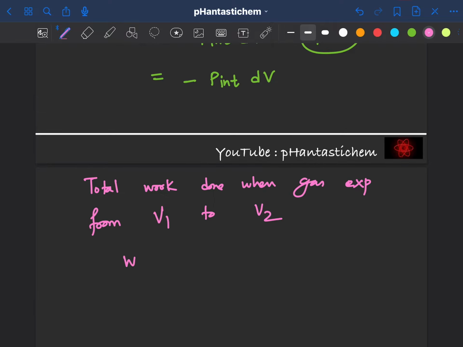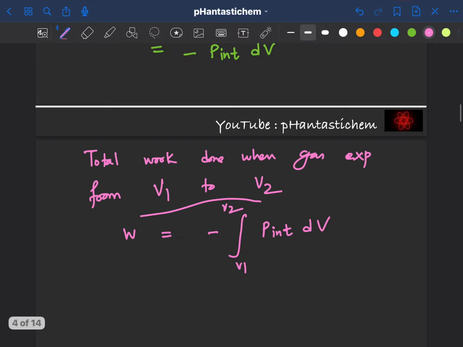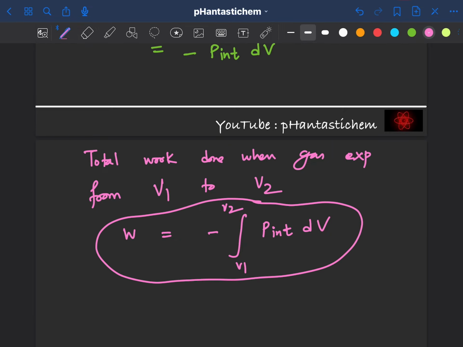That is, work done will be equal to minus the integration from V1 to V2 of P internal into dV, right? And this is the value of total work done, and this is true for any reversible process, whether it is isothermal, adiabatic, isobaric, or isochoric.